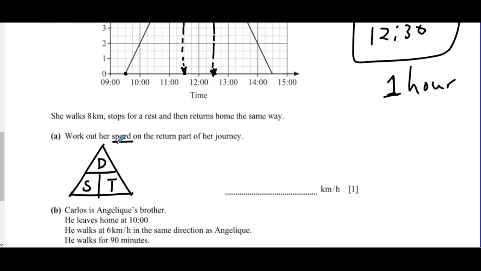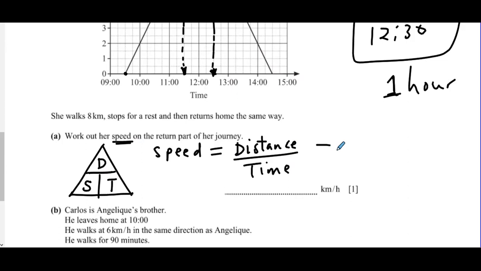So if I'm looking for speed, work out her speed. So speed will be equal to distance divided by time.